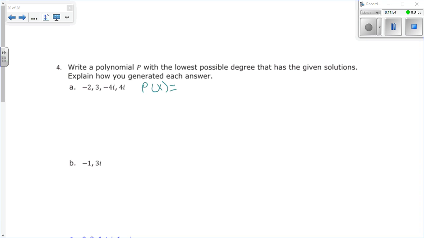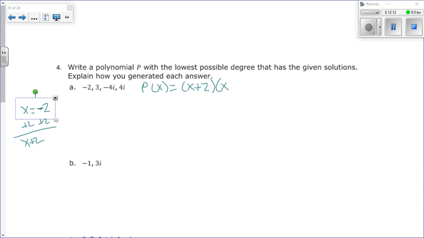So p of x is equal to x plus 2 would be the factor, because remember x equals -2. So if I add 2 to both sides, I get x plus 2. That is my factor.